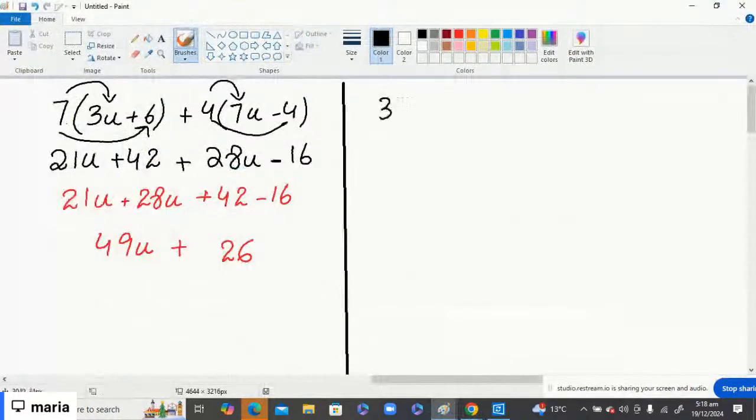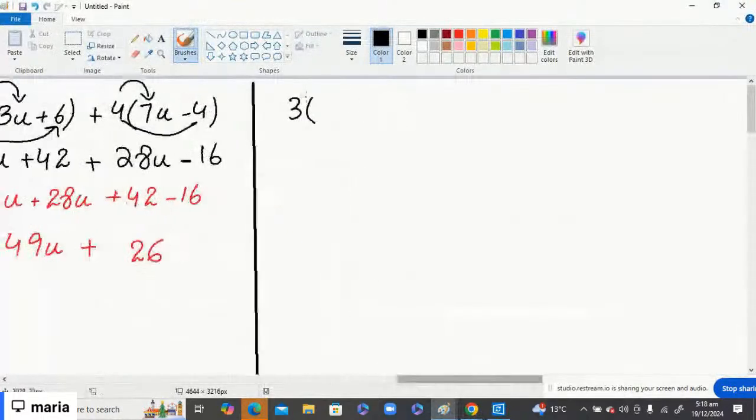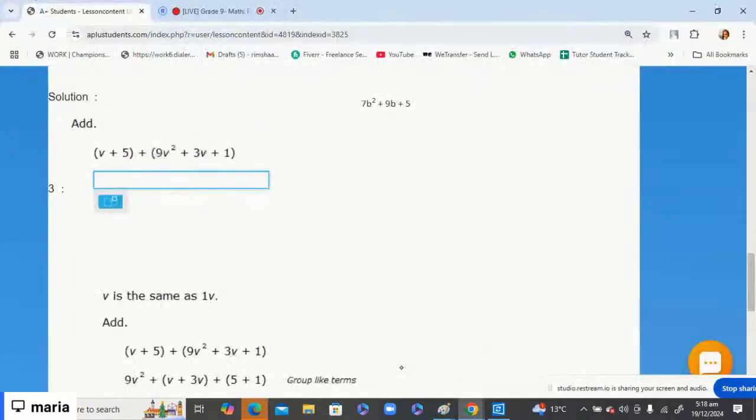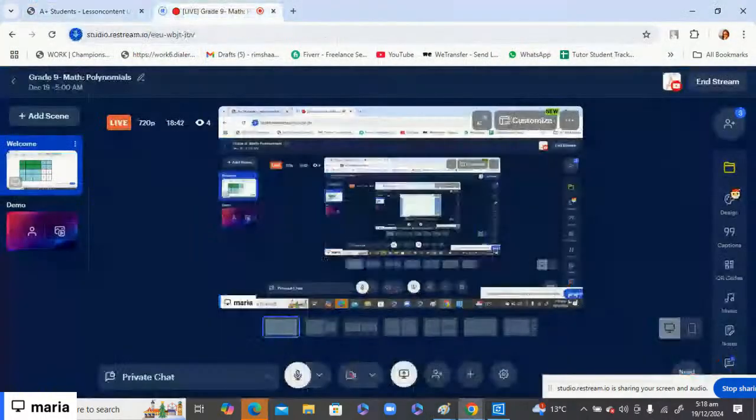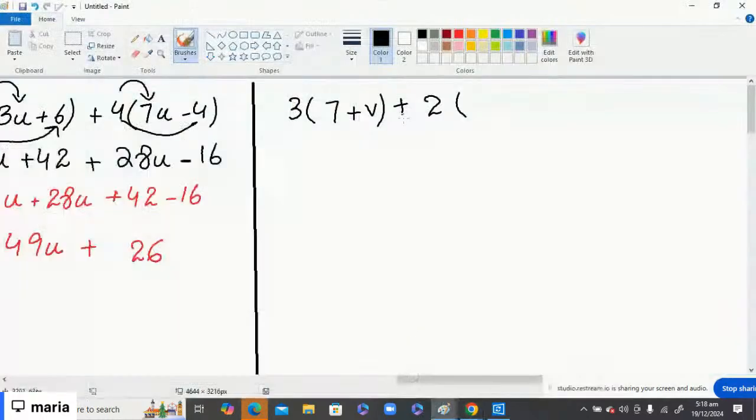For example, here is 3 into 7 plus v, plus 2 into 3v plus v square minus 9. Okay, this is the question that we are going to check.